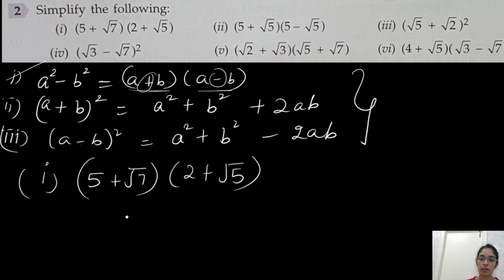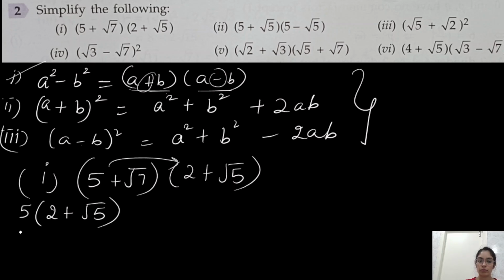Here in this question you can see both the brackets are completely different. That means we cannot use any of the above identities here. So simple bracket multiplication we have to do. First of all, the first term of the first bracket we'll write, then we can solve it. So 5 into 2 plus root 5.